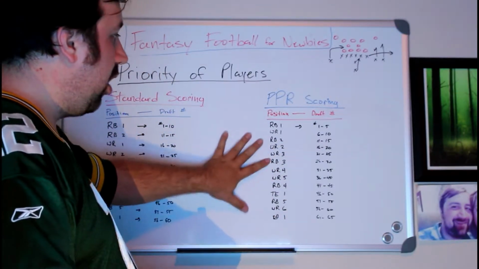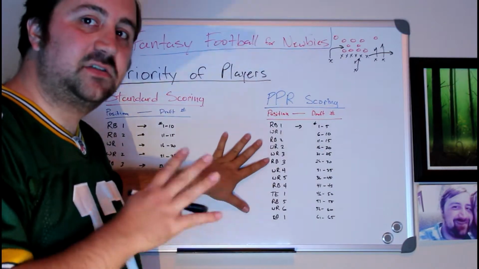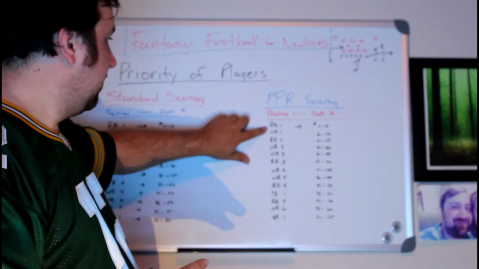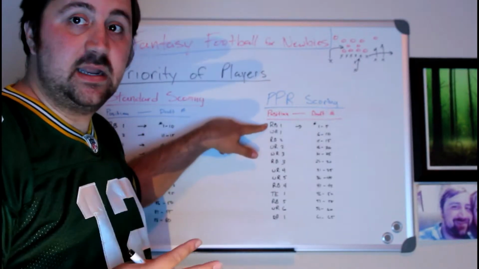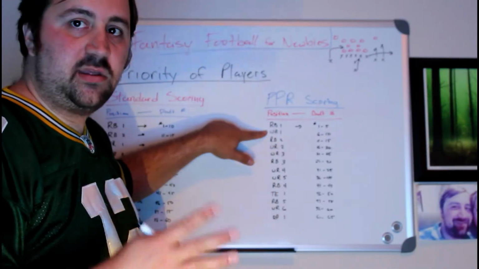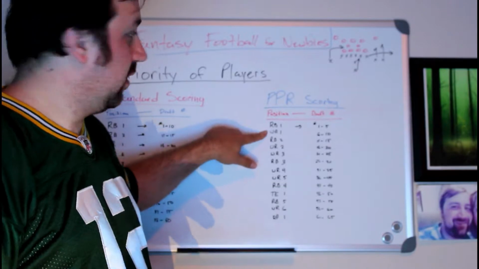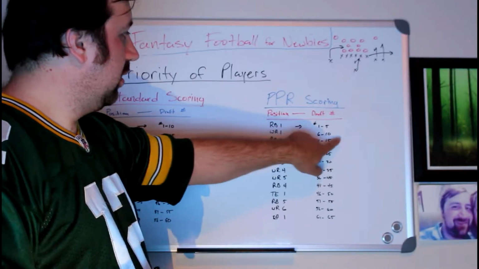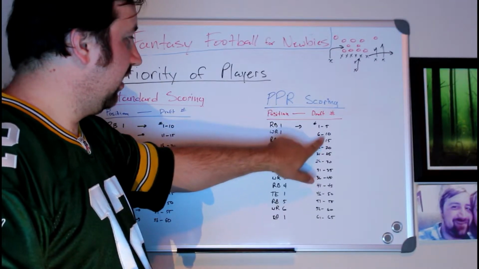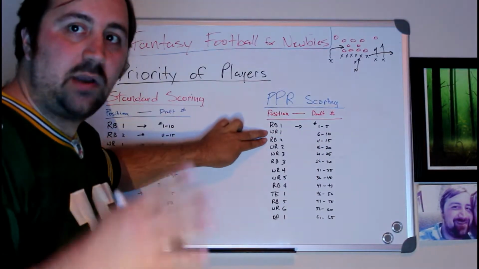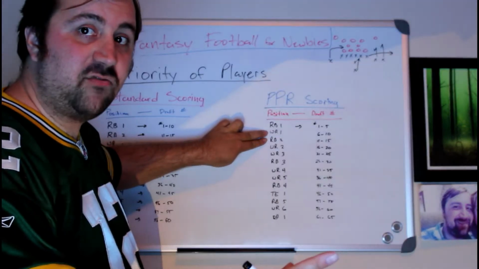So really, it's all about coming up with what your draft strategy will be. As you can see, if I was in draft position 1 through 5, I'd be hitting a running back. If I'm in position 6 through 10, I'm hitting a wide receiver. Now, if I'm 10 and 11, or I'm 6 and I'm 6 pick, these right here, I'm hitting a wide receiver 1 and then an RB2 right after that.